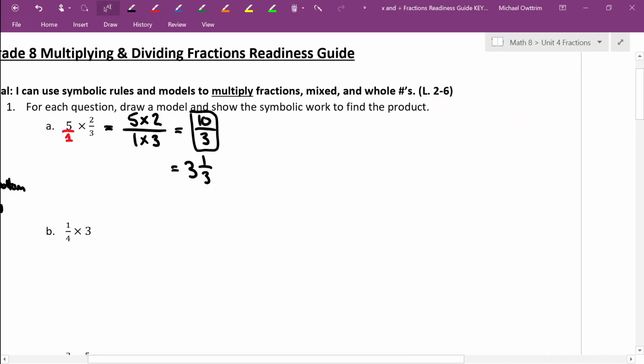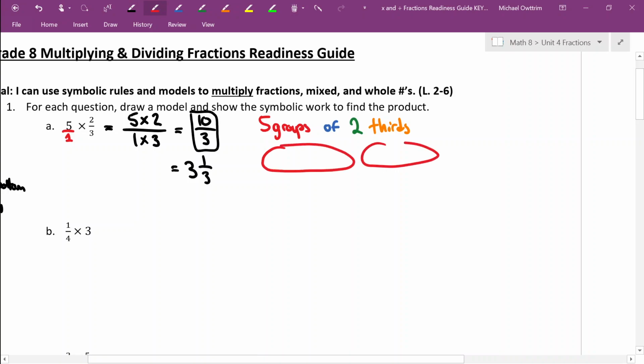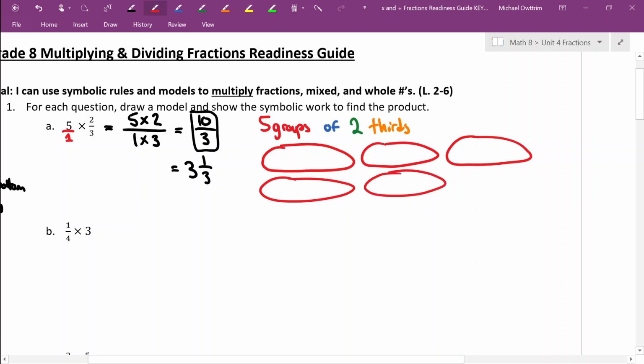Now, if I want to draw a model for this one, I need to have 5 groups and 2/3 in each group. So let's go ahead and set up 5 circles for our groups. 1, 2, 3, 4, 5 groups.